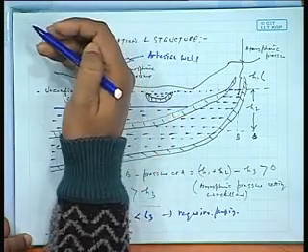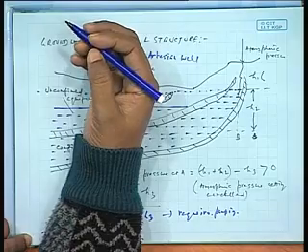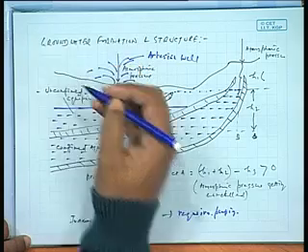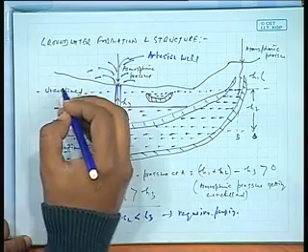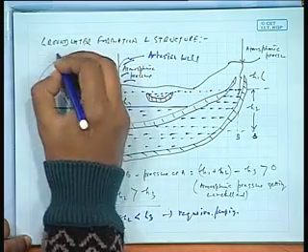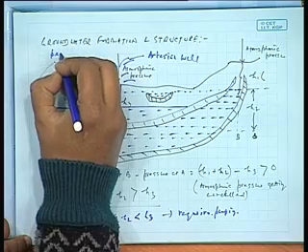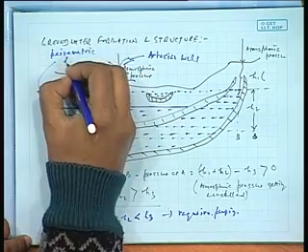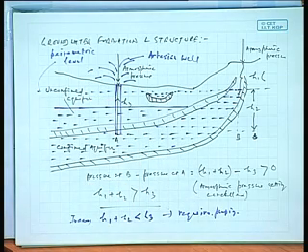On top of that there will also be water, but mostly as moisture, in the form of vapor. But this level is what is famously known as the piezometric level.